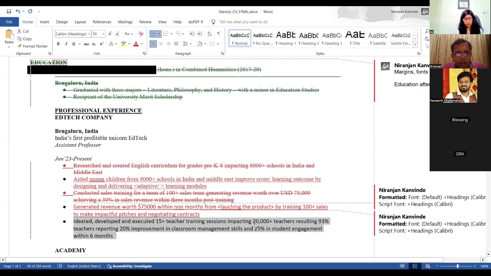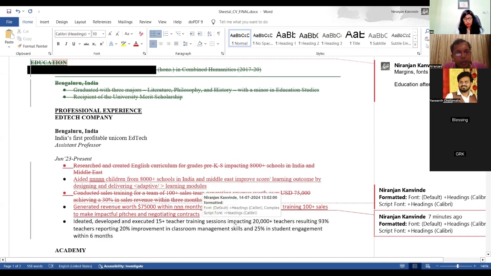Now, so you would say train 20,000 plus teachers who reported 20% improvement, of which 93%. Okay, train 20,000 plus teachers to achieve 20% improvement from more than 93% of the trainees in their classroom coaching.